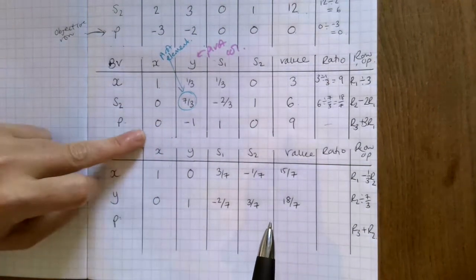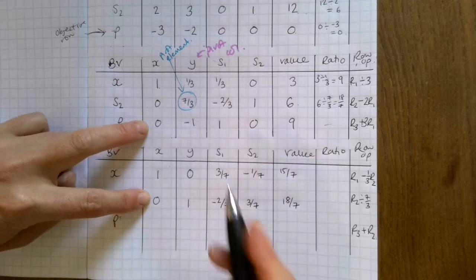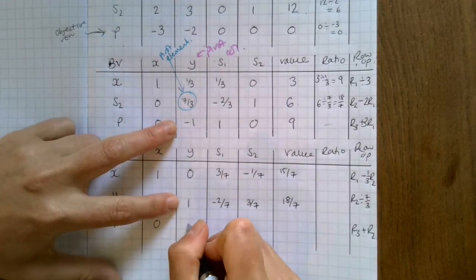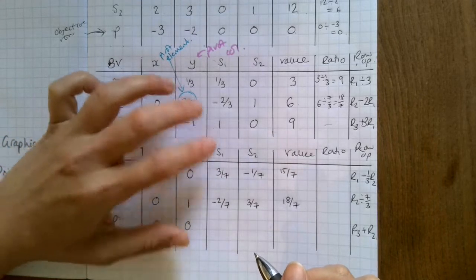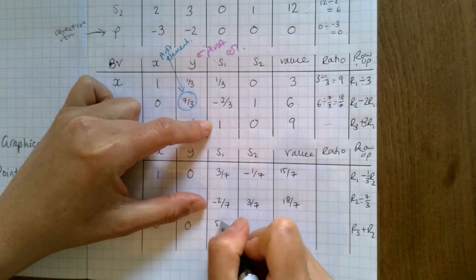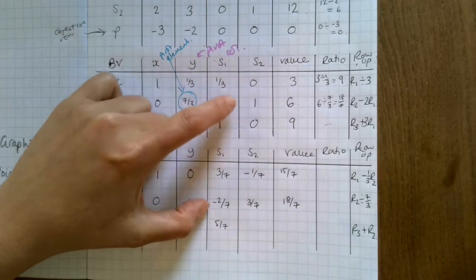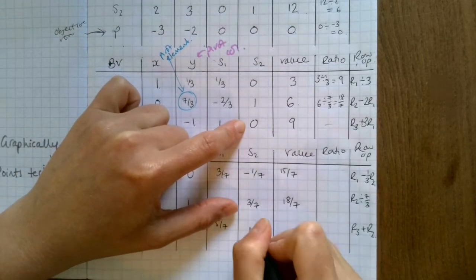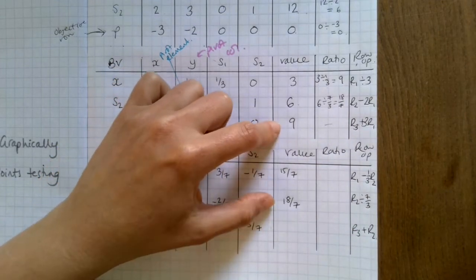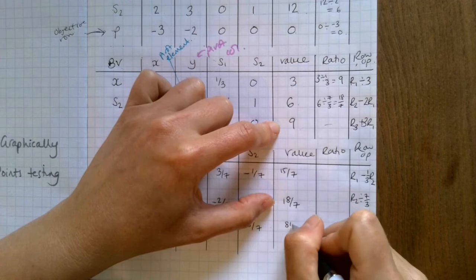So that, add that is 0. That, add that is 0. That, add that is 5/7. That, add that is 3/7. And that, add that is 81/7.